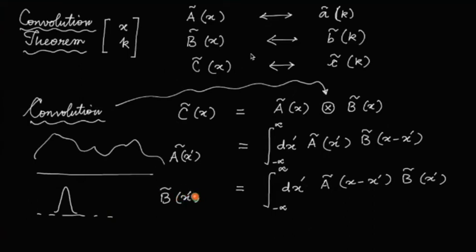Then you put this first function on top of the second function at a certain x, multiply the two functions, integrate, and that is the value of c at that x. Then you go to the next x and calculate c this way. Okay. Any question?